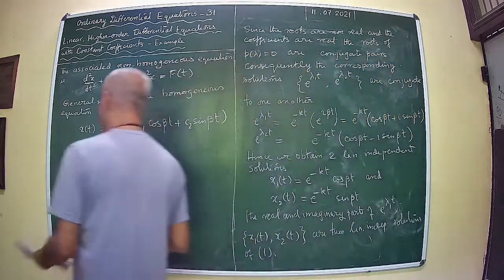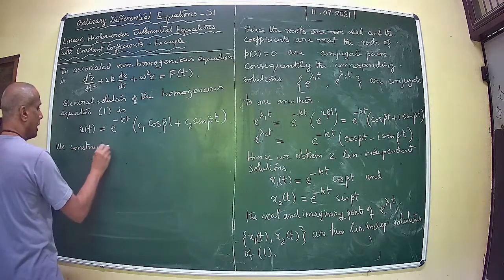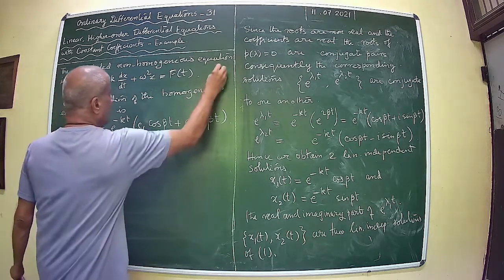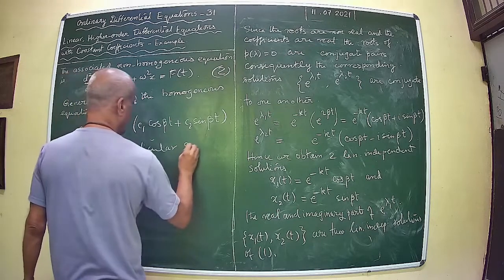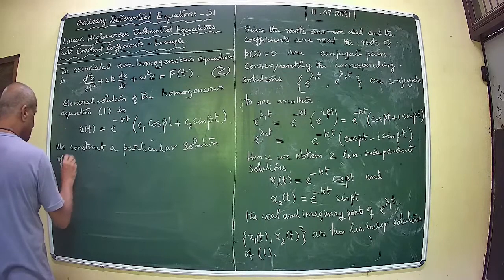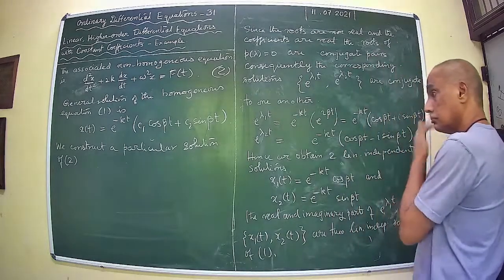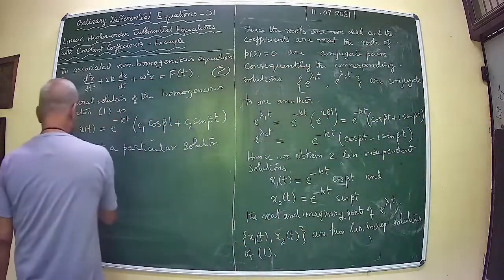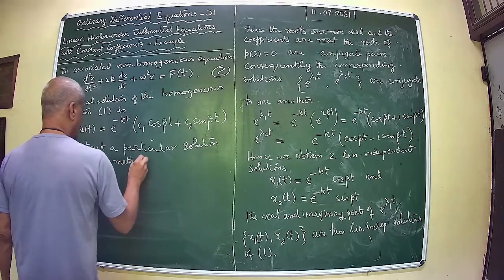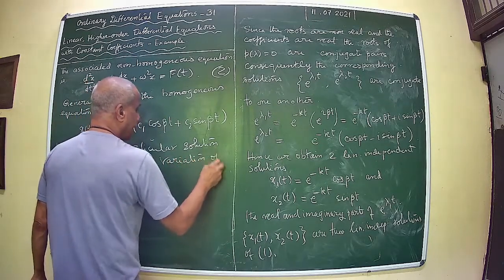Now we construct a particular solution of 2 by the method of variation of parameters.